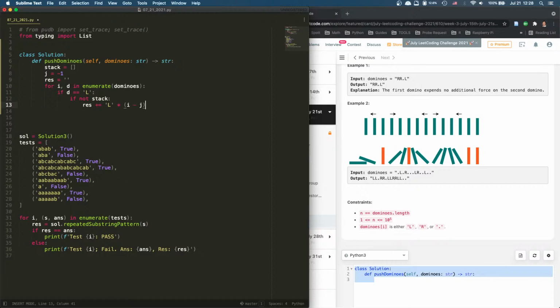Let's see if that's correct. So j will be minus 1, so 0, 1. 1 minus 1 will be 2. That's correct. What is j? J is the last one that we have encountered, right?